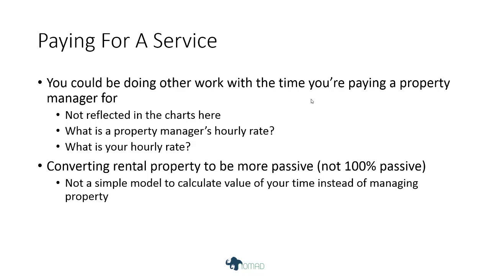So if you pay someone $15 an hour or $10 an hour or whatever it is in order to do work for you, and you are opting not to hire someone at $10 an hour, you are actually doing $10 an hour work, and that's what you're earning, because you could hire someone else. Okay? And the same idea applies to property managers. If you actually don't hire a property manager and pay them to do the work, you are voluntarily accepting whatever that hourly rate is. Okay?